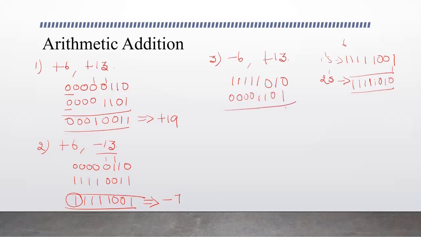When we add this, 1 1 1 1 0 1 0 1 0 1 0 1 0 1. The carry out of the sign bit will be discarded here. So the result is 0 0 0 0 0 1 1 1. The sign bit here is 0, so it is a positive number, and the result is plus 7.